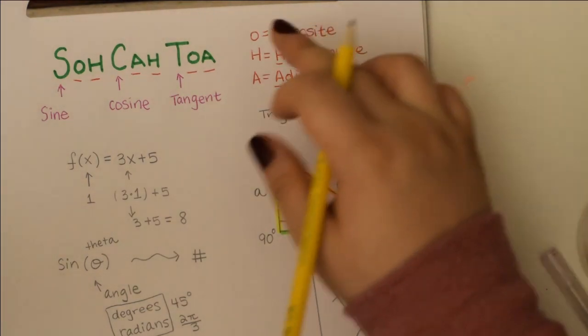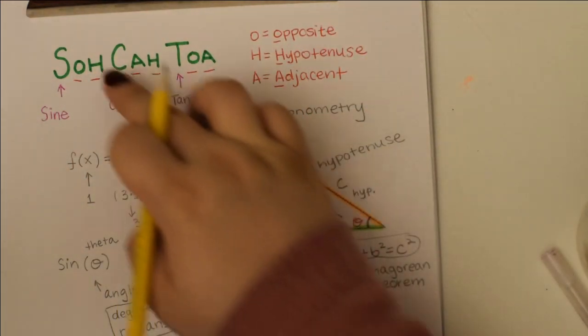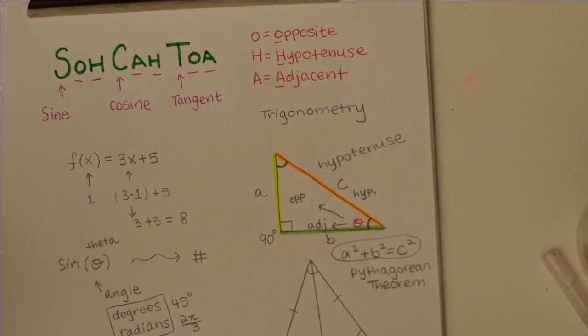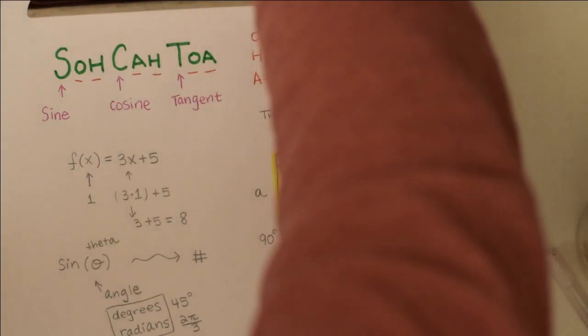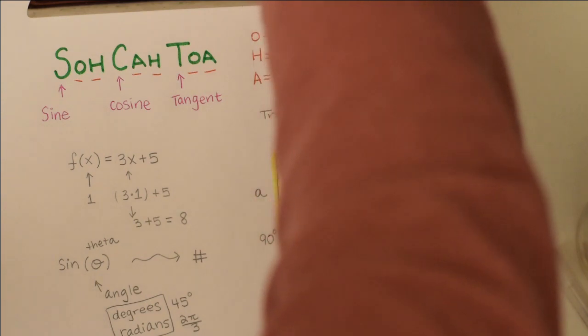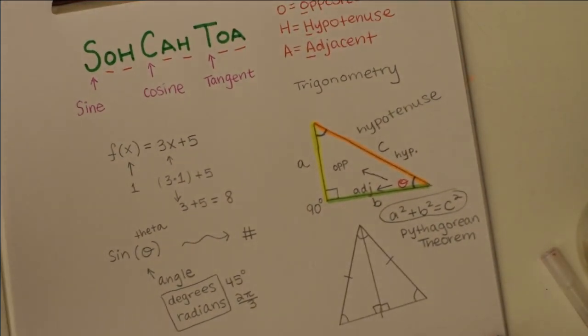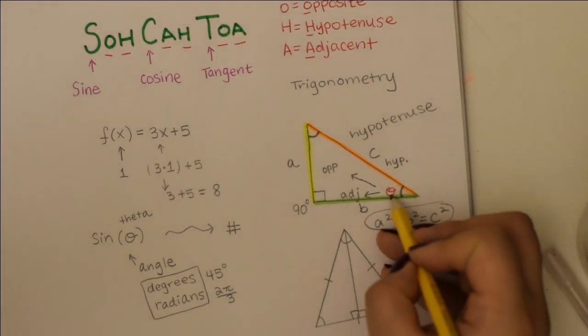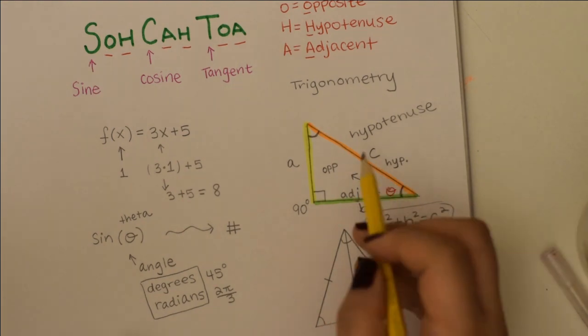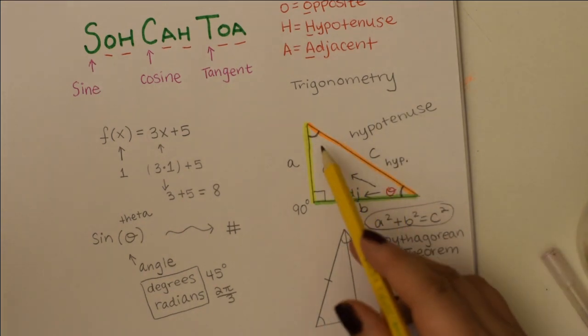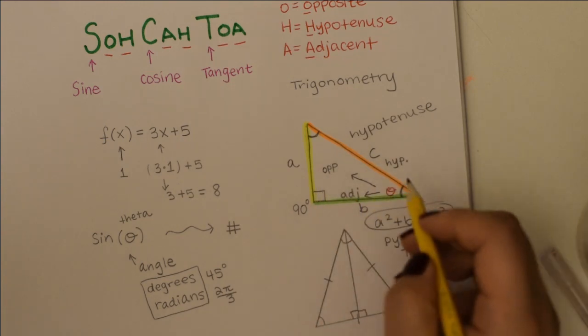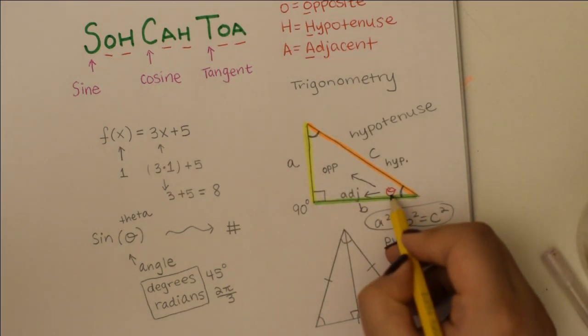We're going to use these to find the sine, cosine, and tangent of our angle. So for this angle theta, you have to actually be clear which angle you're talking about, okay? So we're going to do this theta.